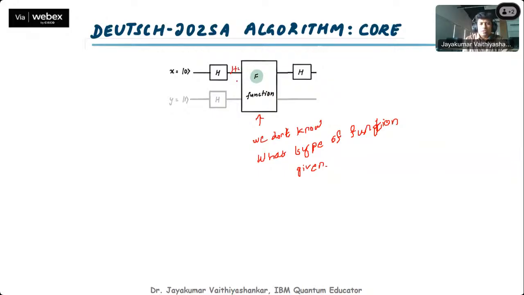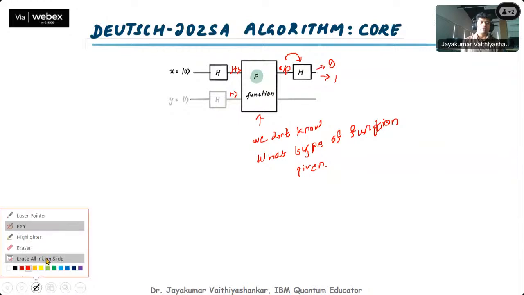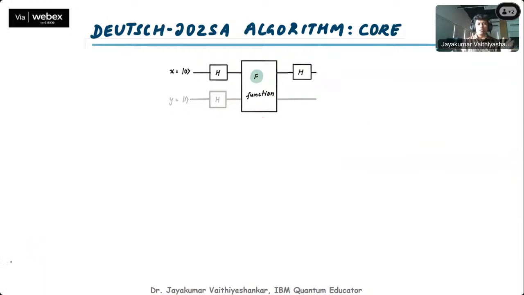Our input positive state and negative state go through this function, and this will give some output. This output then goes through the Hadamard gate, and this Hadamard gate will yield either 0 or 1. So this is the logic. We don't know what type of function is given, but we know the state before that function. Then in quantum, we need to do a measurement.